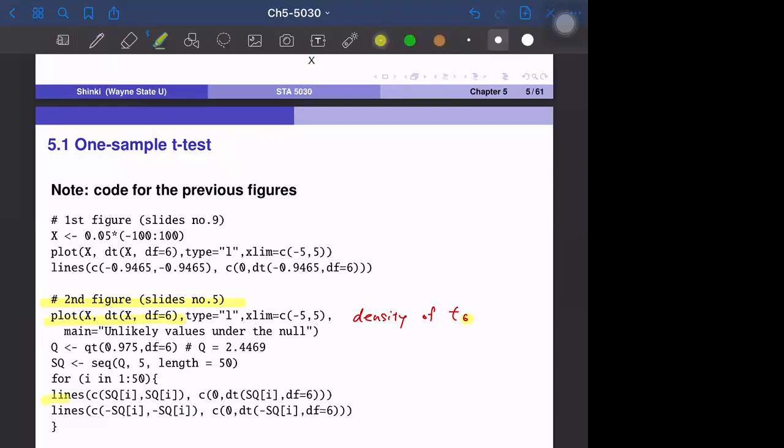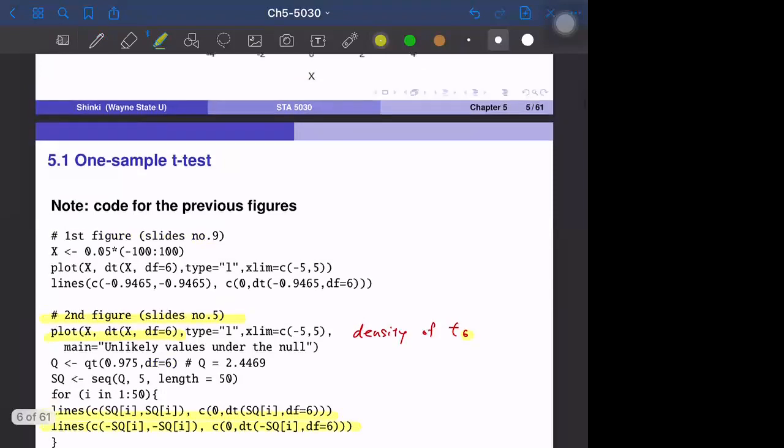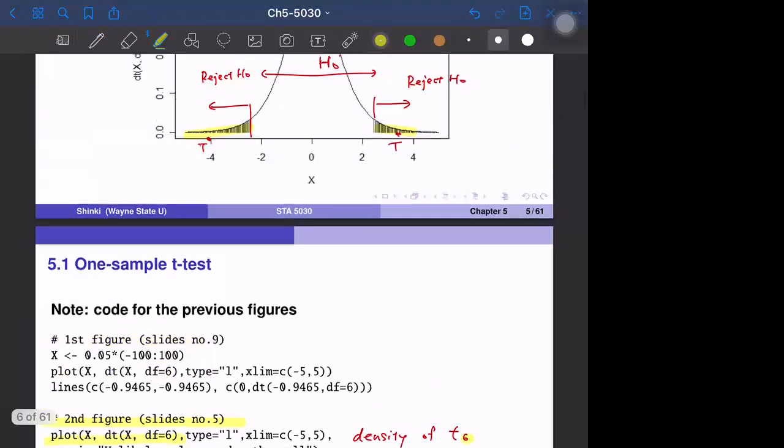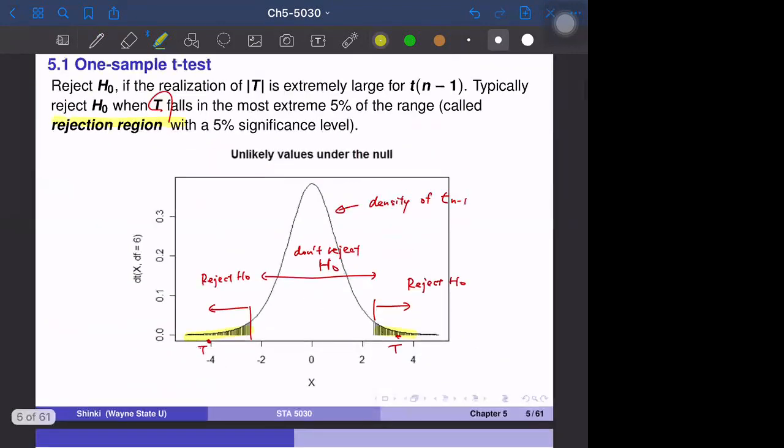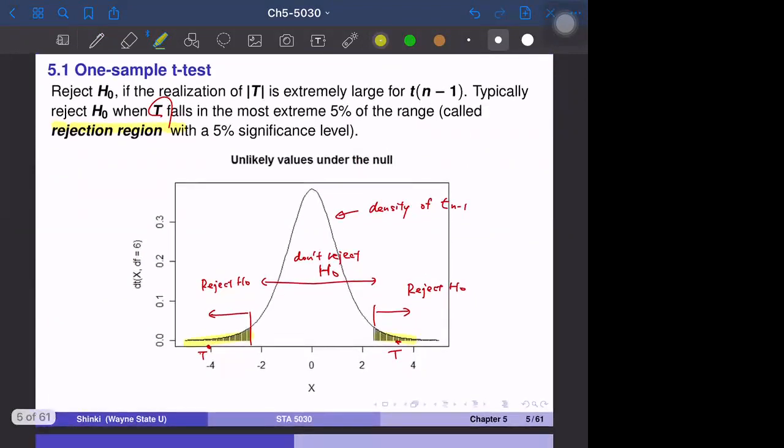Then we put these lines. Basically we put many vertical lines, actually 50 vertical lines on each side. So this code describes that. So this is the basic theory for the one sample t-test.